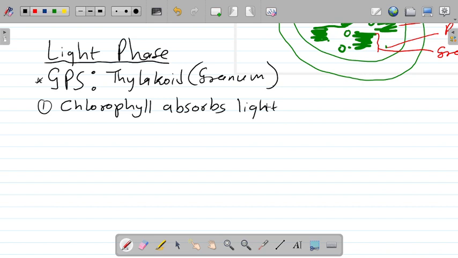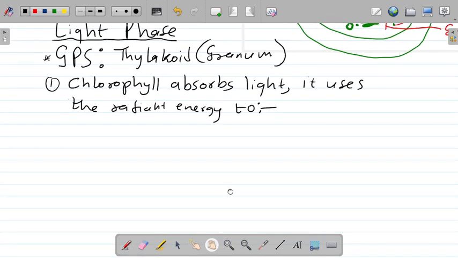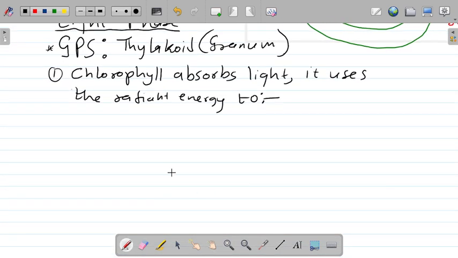Now, after chlorophyll absorbs light, it's going to use this radiant energy, meaning the light energy. No offense to anyone, I usually look at this as similar to a Bible story. Think about it. Chlorophyll absorbs light.